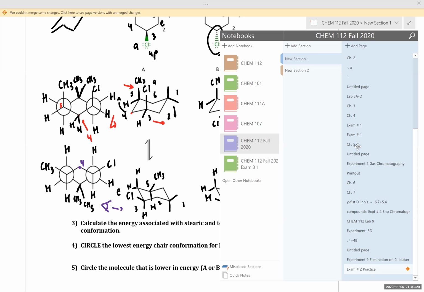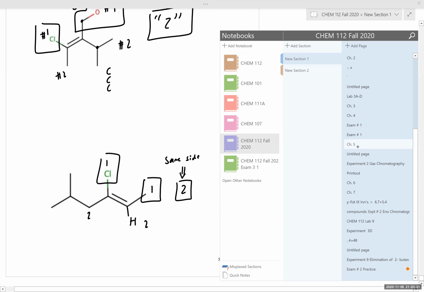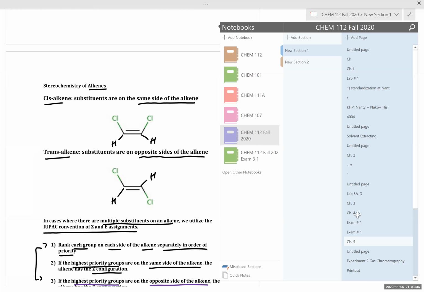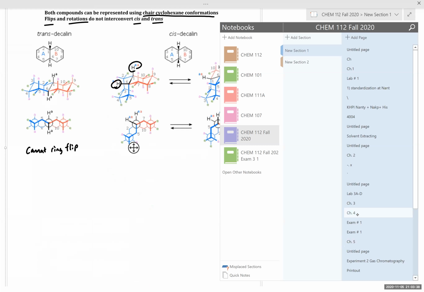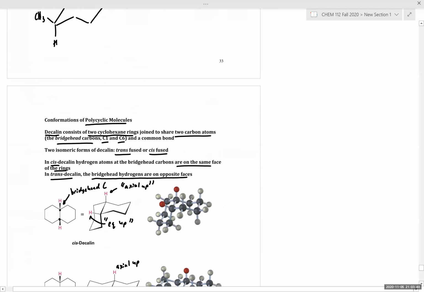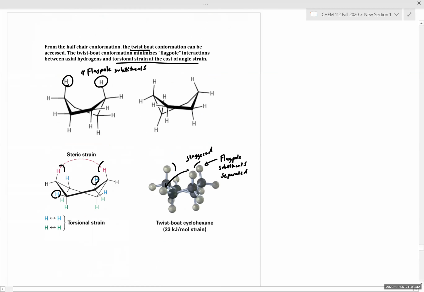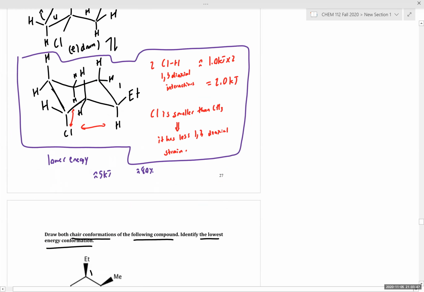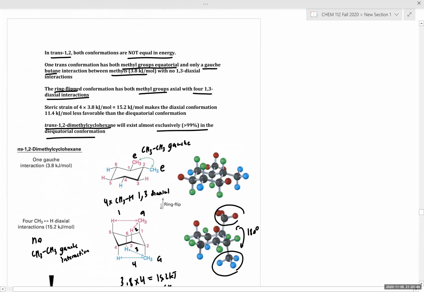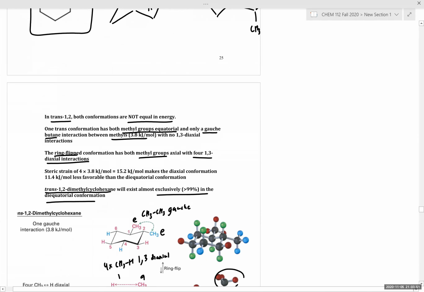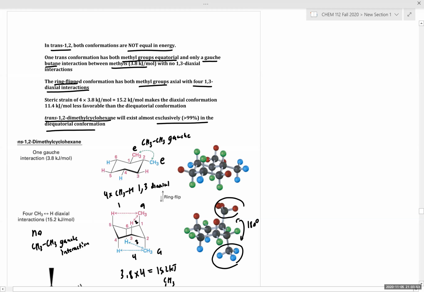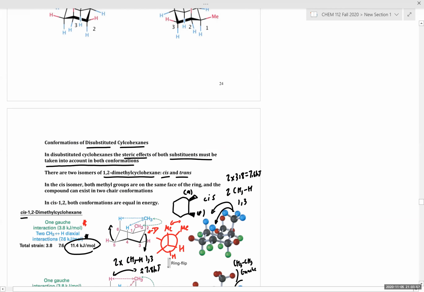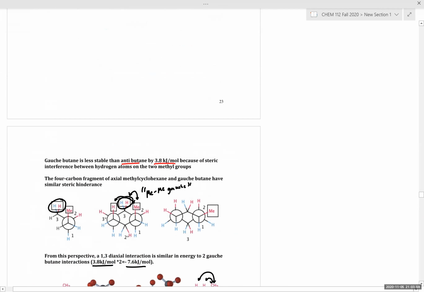So if we go to chapter 4, we had a detailed discussion of A values, which indicate the amount of strain imparted by different substituents.